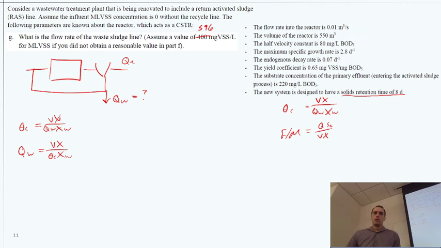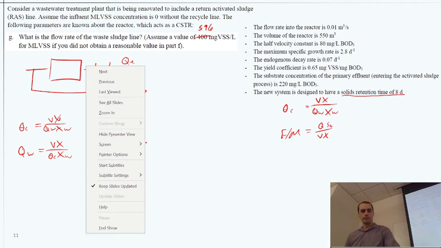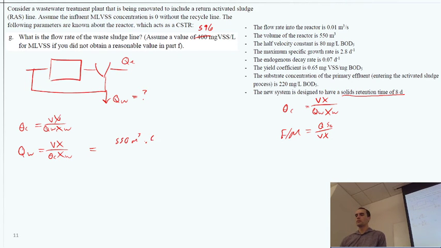Okay, so based on the previous problem, we found the X value. So we know that QW then is going to be the V, which is 550 cubic meters, times the 596 milligrams VSS per liter, divided by the 8 days, times XW.